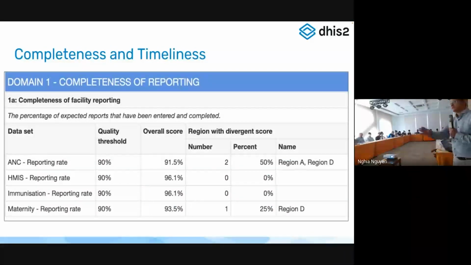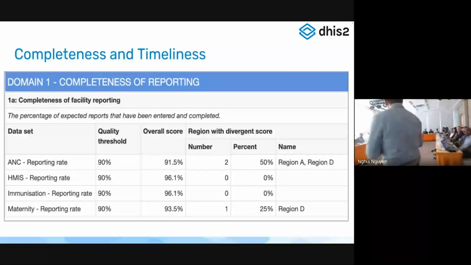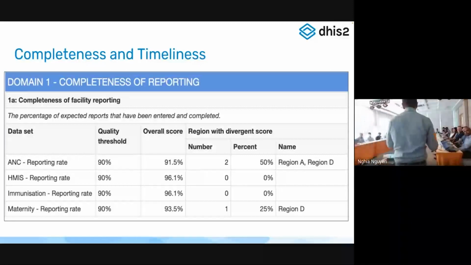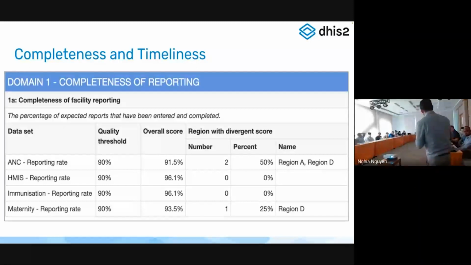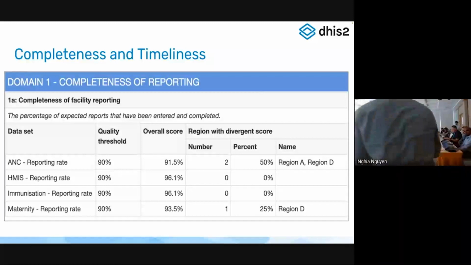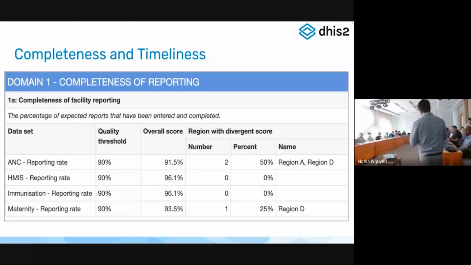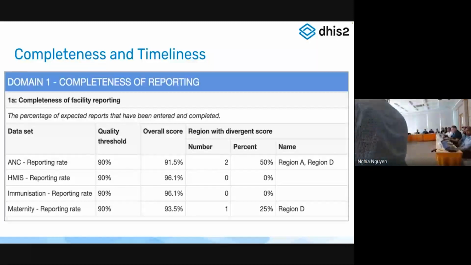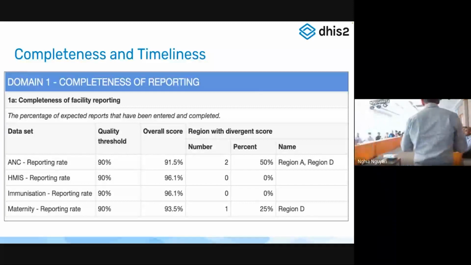So here's an example on completeness. We get scores. That is one thing kind of unique to the WHO tool. So I showed you examples of completeness and timeliness before, but in the WHO tool, we get these scores based on the thresholds that are set. Now, once again, someone configures this application after it's installed on your DHIS2 system. So any of these thresholds can be modified, but we try to keep these quite high.